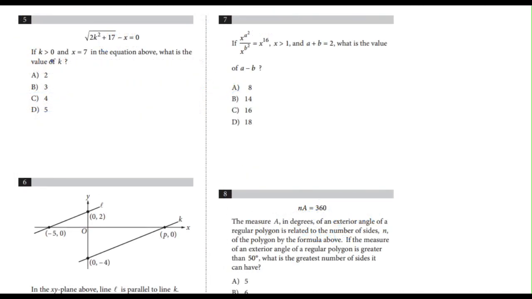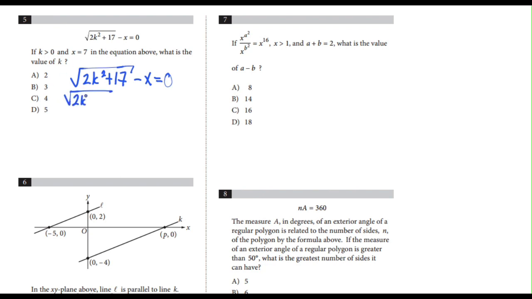Number 5. If k is greater than 0 and x equals 7 in the equation above, what is the value of k? First, we're going to rewrite the question. The square root of 2 times k squared plus 17 minus x equals 0. They tell us that x equals 7.